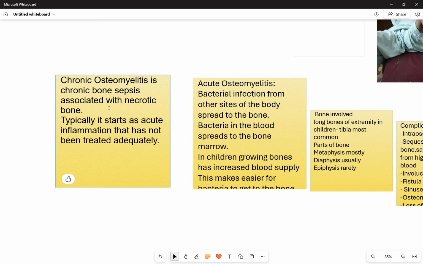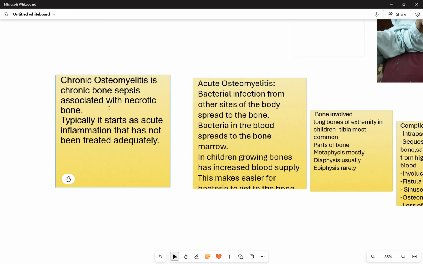It's a chronic infection of the bone and may even last almost a lifetime, and they are associated with chronic bone sepsis and necrotic bone. And how does it start?